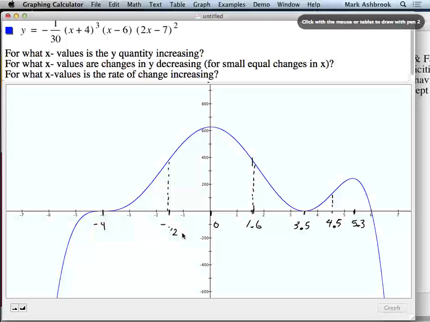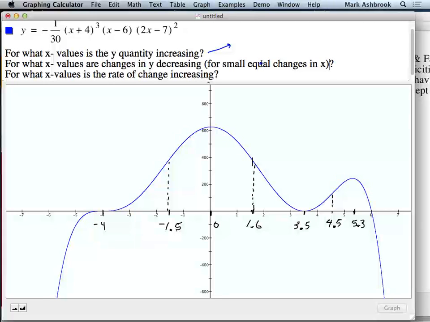Let's be consistent here. Okay, so what do you think? For what x values is y increasing? There's going to be intervals.